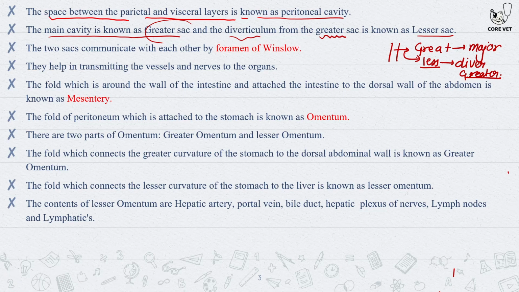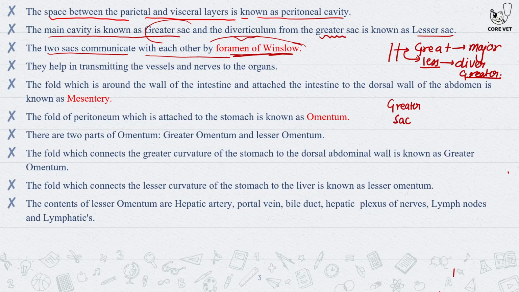And from the greater sac, there is a diverticulum or a blind sac, which leads to the formation of the lesser sac. Now, the two sacs communicate with each other by the foramen of Winslow. This is an important point: the two sacs I have mentioned are just a part of the peritoneal cavity.